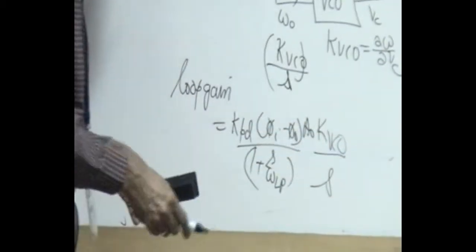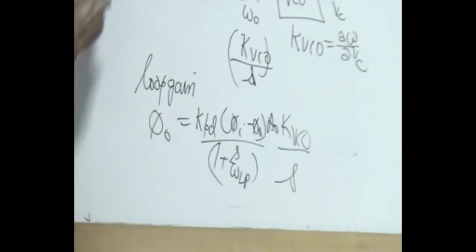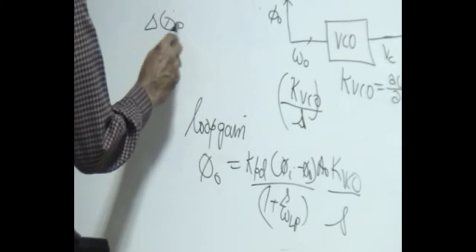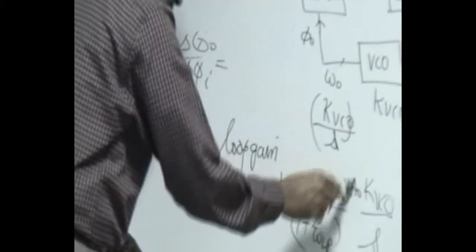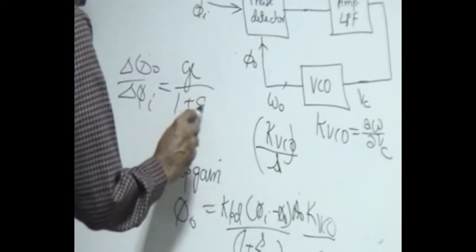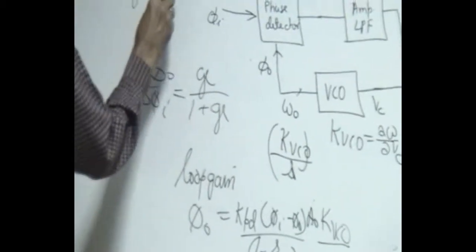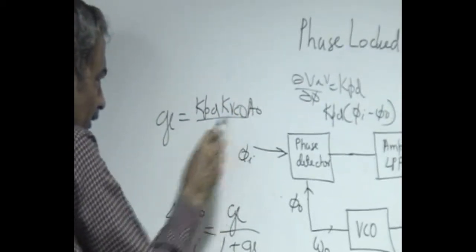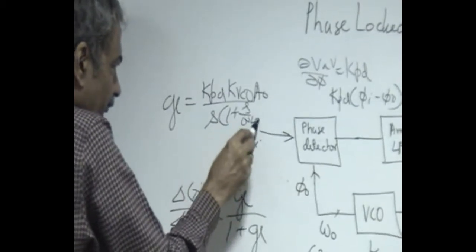Now dividing by S reconverts it into phase, and that is equal to phi naught. So we get delta phi naught by delta phi I as GL divided by 1 plus GL, where GL is kpd kVCO into A naught divided by S, 1 plus S by omega LP.